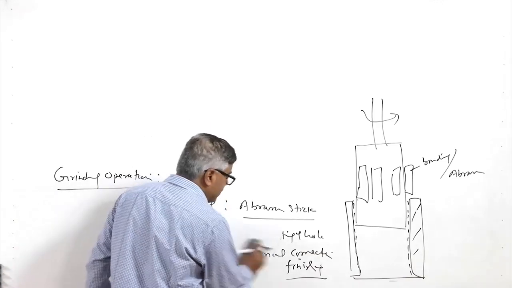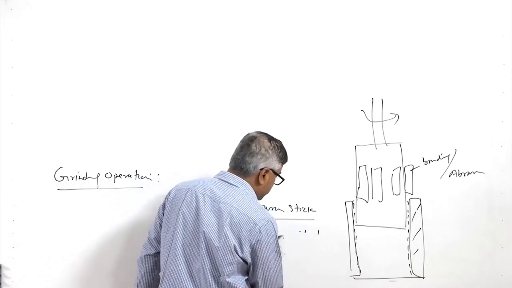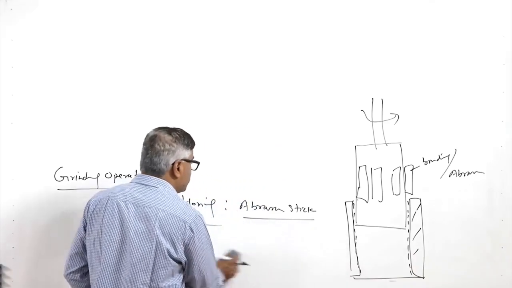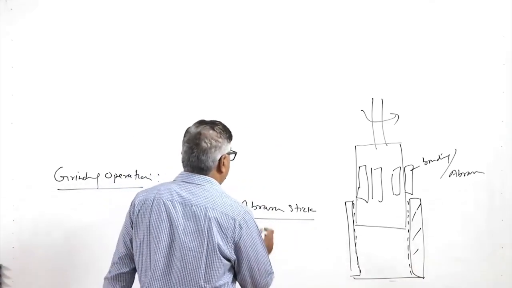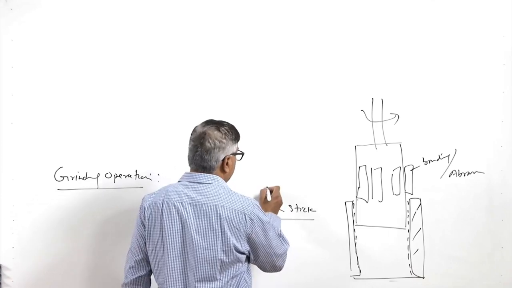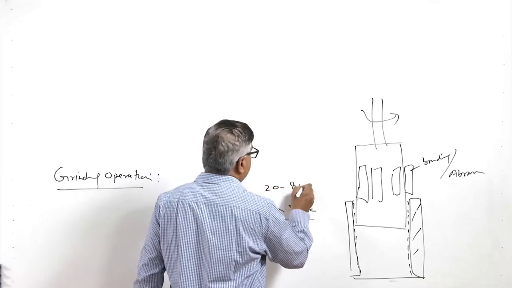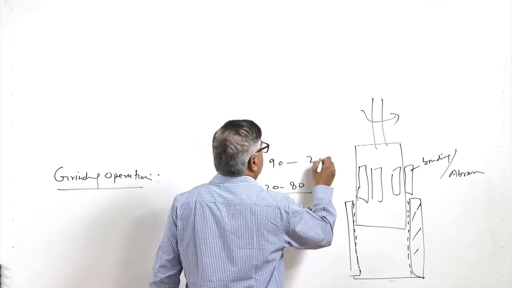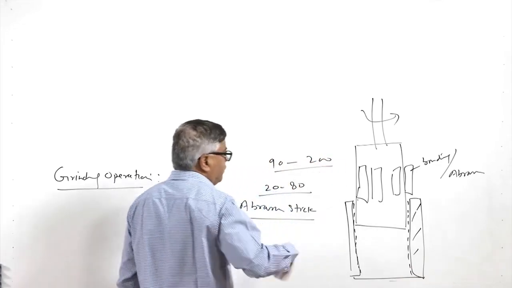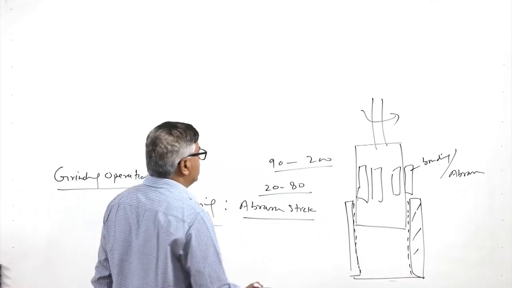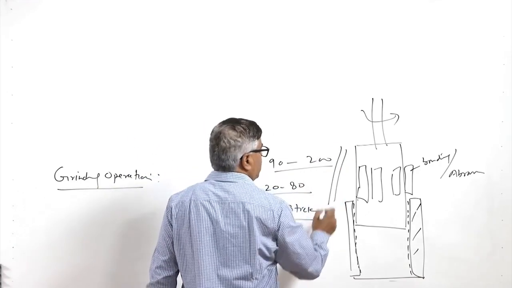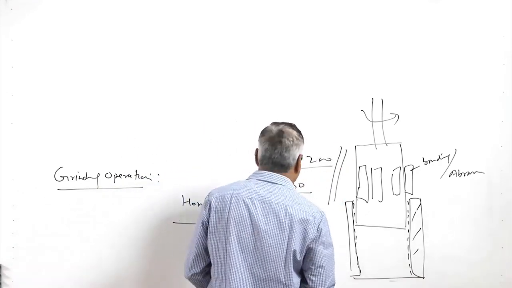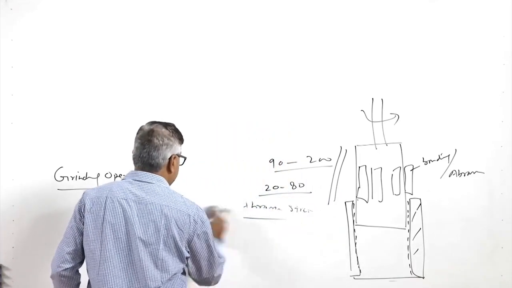And normally high grit sizes are used for finishing purposes, which can vary from like 20 to 80 for roughing purposes, and 90 to 200 for finishing purposes. This is about the grit sizes of the abrasives used for finishing in case of honing.